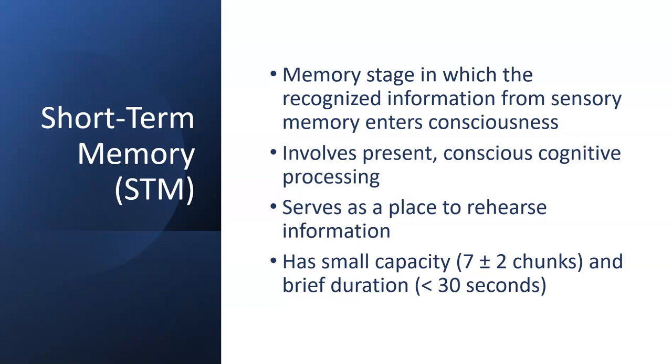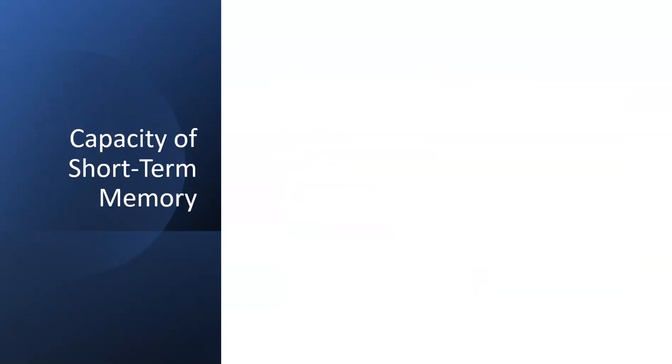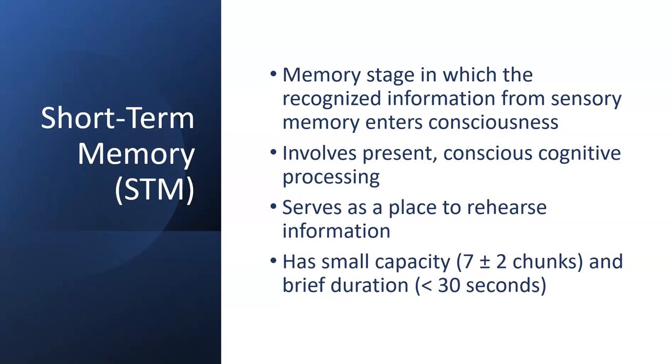Now that I'm paying close attention to it, I want it to migrate to short-term memory. And I want to hold on to it long enough to punch in the numbers in my phone without looking at the screen. That requires short-term memory, which again is sometimes referred to as working memory.